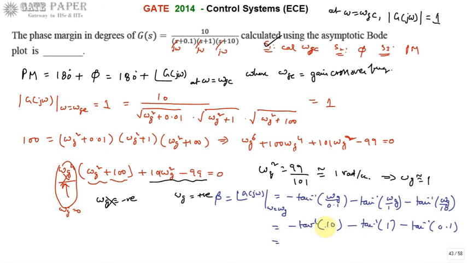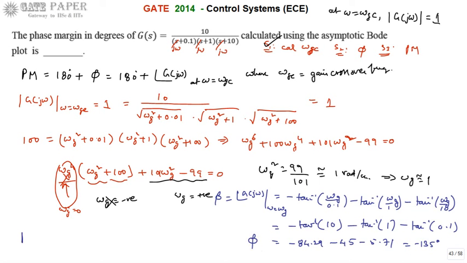So minus 84.29, minus 45, minus 5.71. Total it will be equal to minus 135 degrees. This is phi, the phase angle of G(s) at gain crossover frequency.